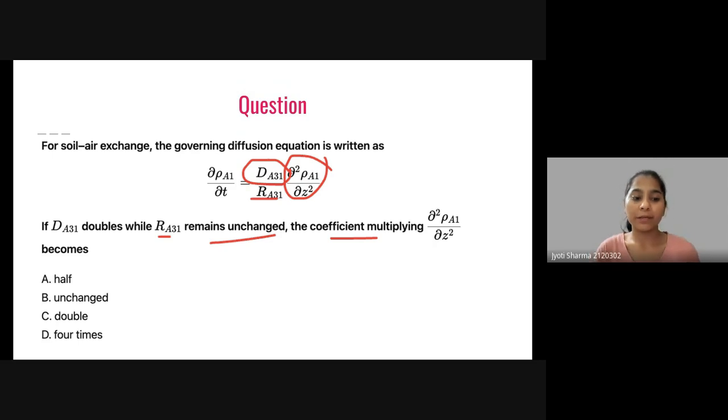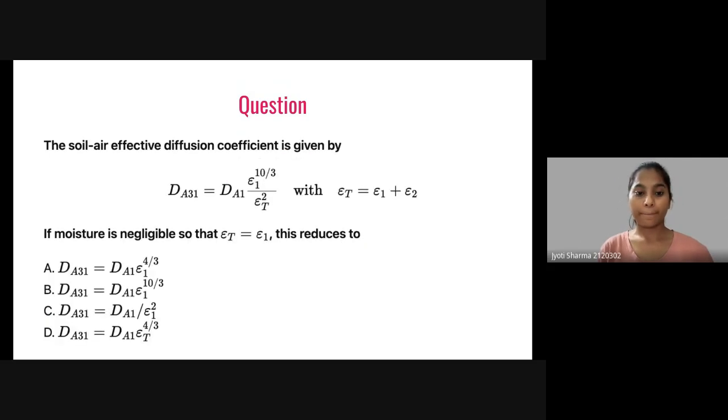Then obviously it will be doubled, because the numerator is getting doubled, so this will get doubled.